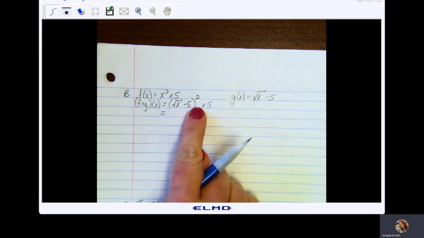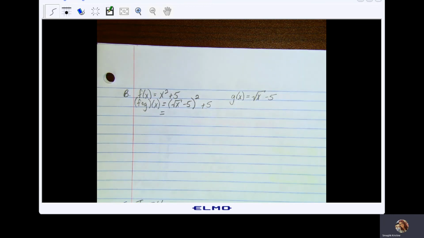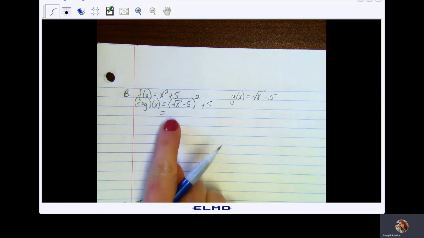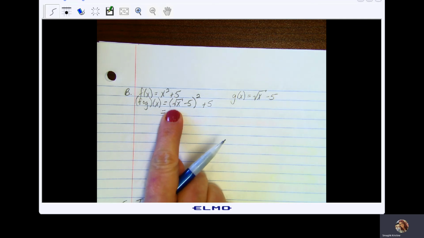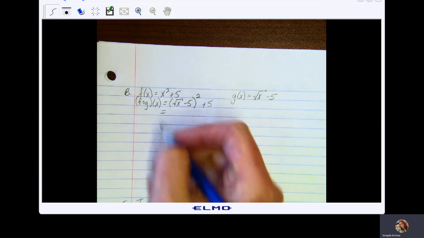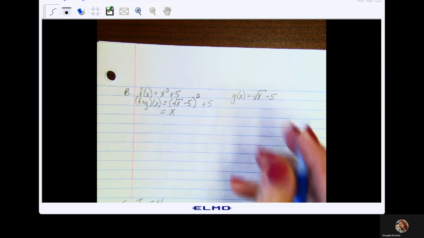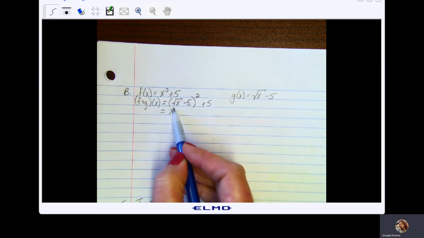Okay, I'm going to have to distribute. This is a polynomial identity, and so I'm just going to go ahead and use that identity. If you need to go ahead and write that out all the way and FOIL it, that's fine. So I'm going to have the square root of x times the square root of x. That's just x. Negative 5 times the square root of x, negative 5 times the square root of x.